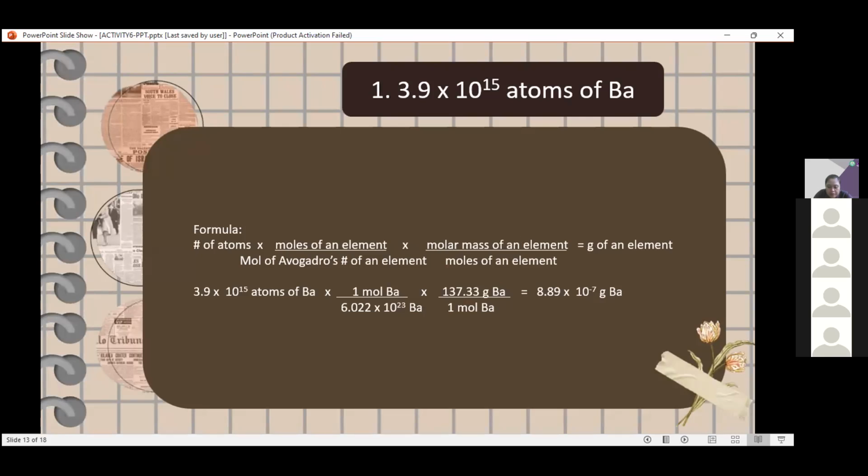So 3.9 times 10 to the power of 15 atoms of barium times 1 mole of barium over 6.022 times 10 to the power of 23 barium atoms times 137.33 grams of barium over 1 mole of barium equals 8.89 times 10 to the power of negative 7 grams of barium. Next po.